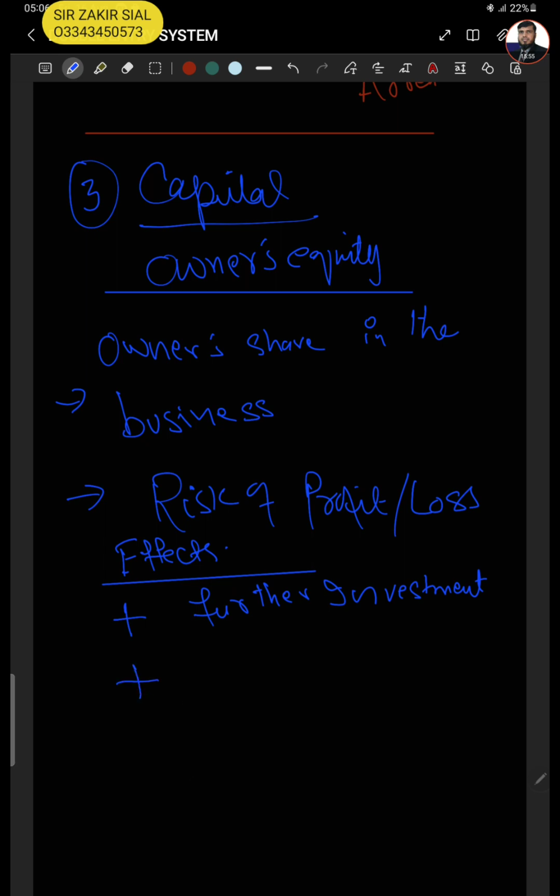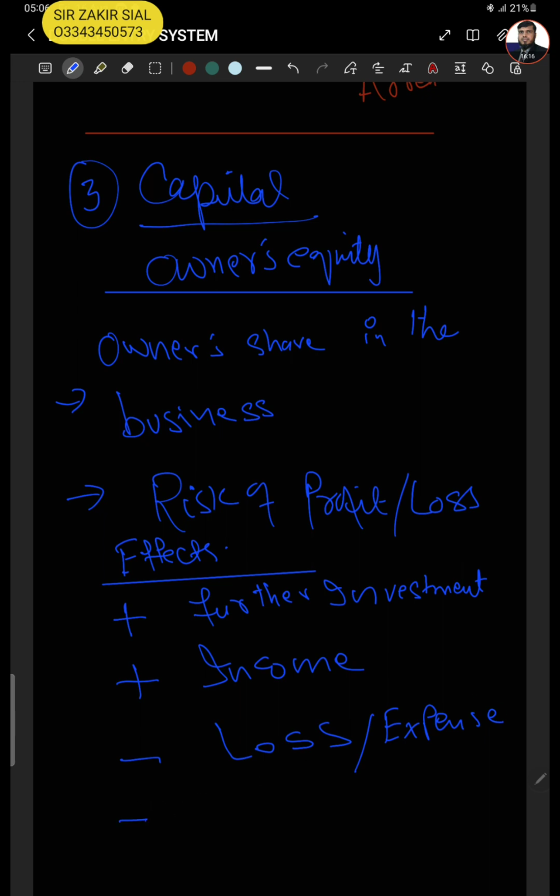After one year, if there is an income, it will increase the capital. If there is loss, it will decrease the capital. Loss or expenses will decrease the capital.